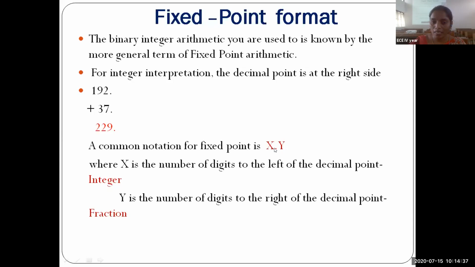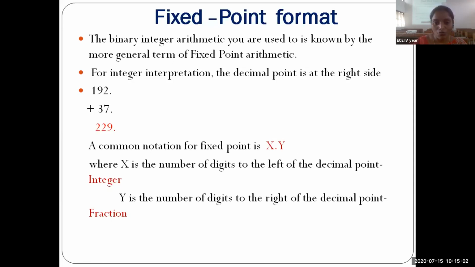Depending on this binary implied point, this dot. The value to the right side of the decimal point is the fraction, and the value to the left side is the integer. So in 5.625, 5 is the integer and 0.625 is the fractional value.